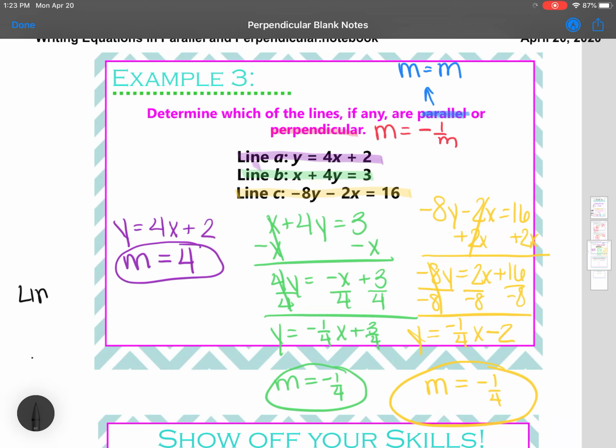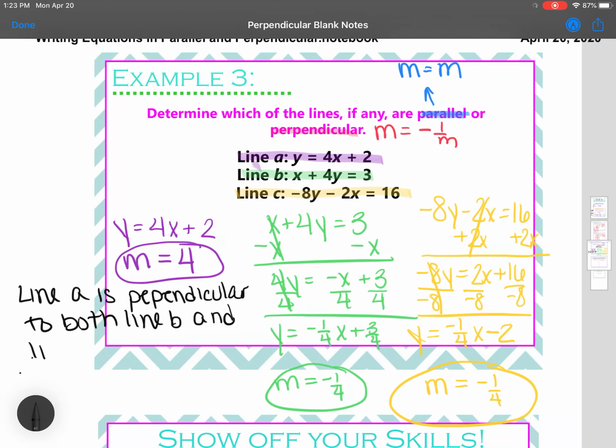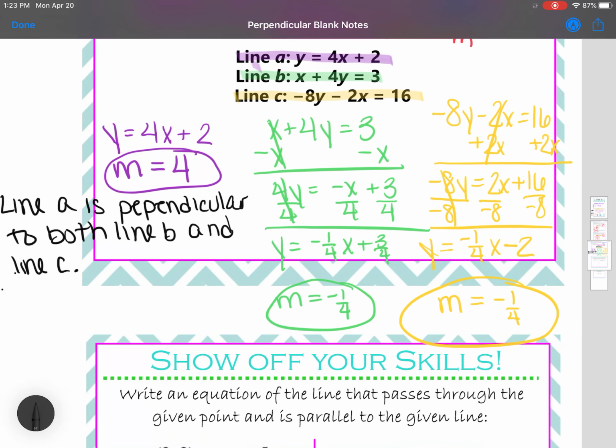So, line A is perpendicular to both line B and line C. Also, these two have the same slope, so lines B and C are parallel.